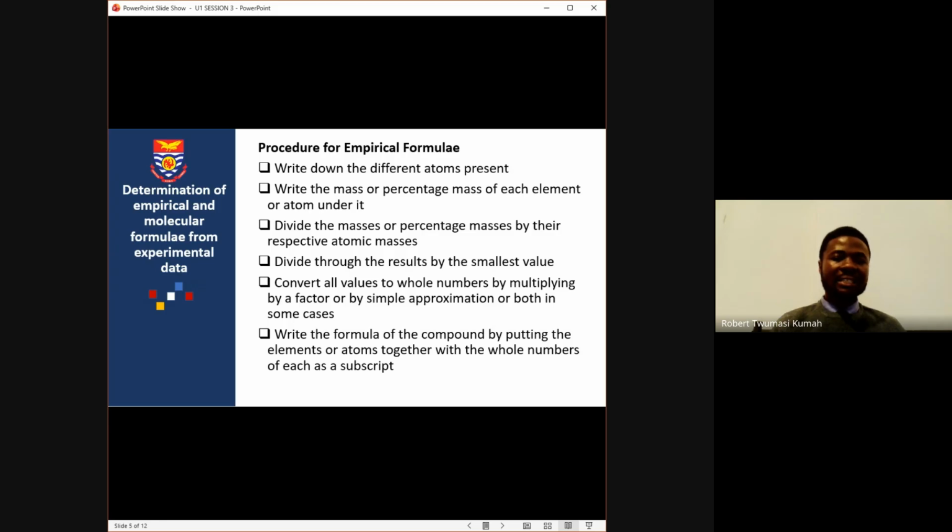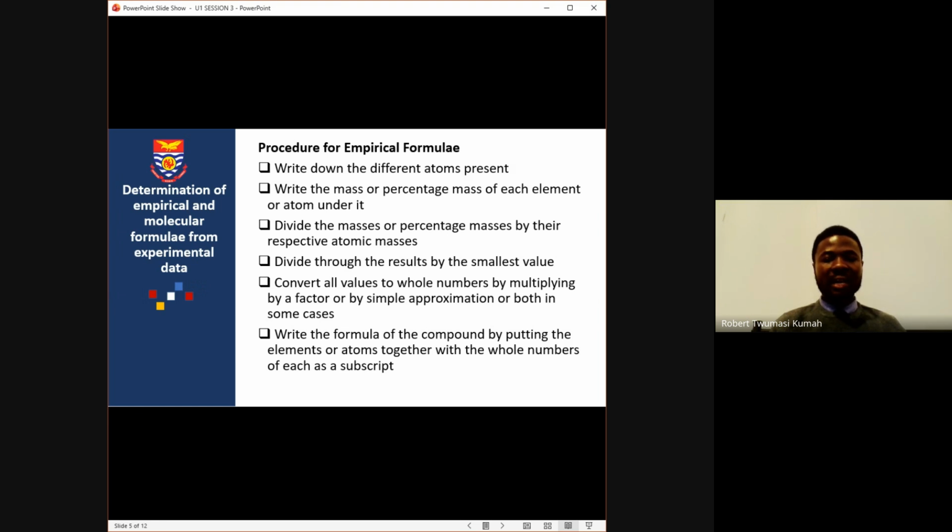Then you divide the masses or percentage masses by their respective atomic masses. You divide through by the smallest value, and then you convert to whole numbers because we write them in the simplest whole number ratio, not decimals.